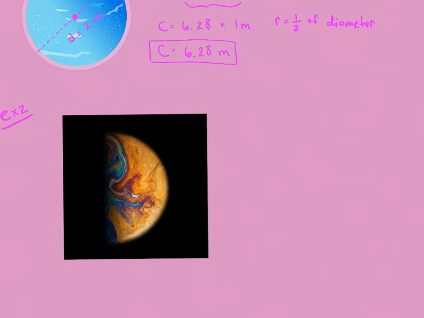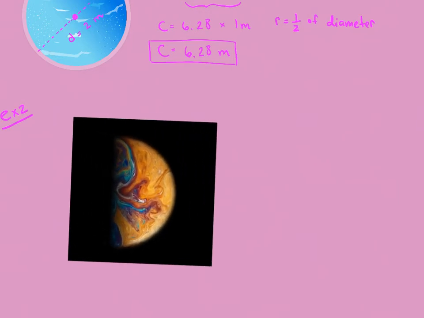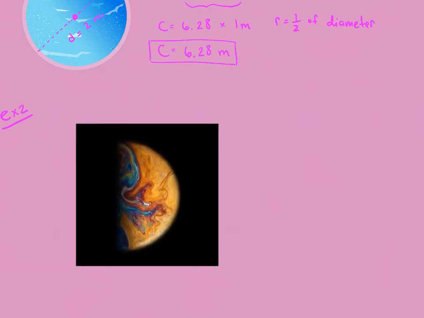And the radius of this planet is where? Let's think. Let's use blue. Here's the center point, and here's the radius, right up to here. And I'm going to say that the radius is equal to 2 feet.